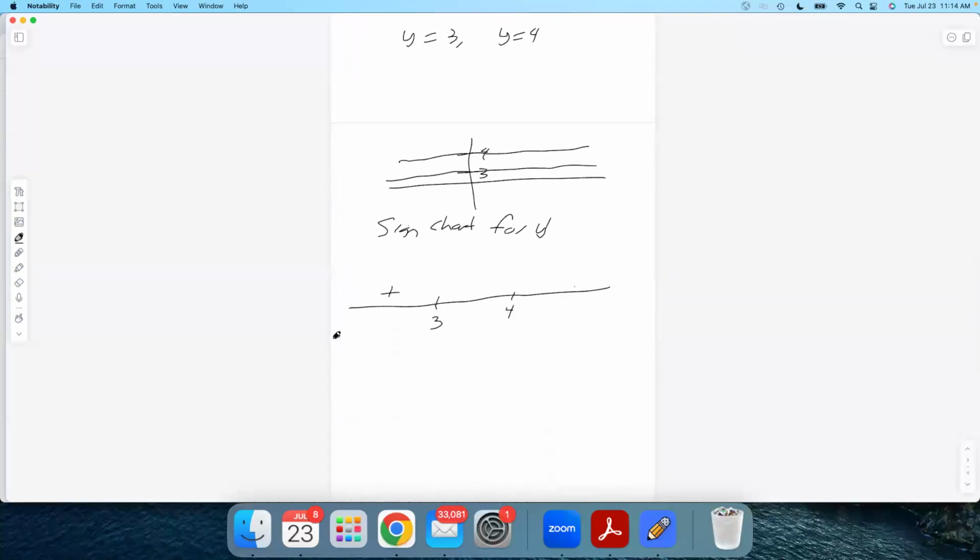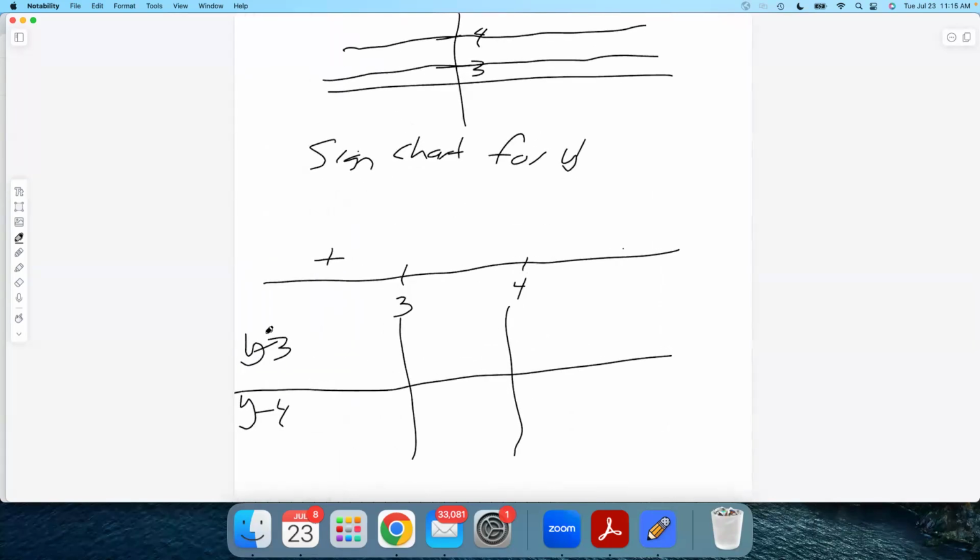I'm going to use the linear factors to do that. y minus 3, y minus 4. And I'm going to build this little grid here. I'm going to do these one at a time because this is what y prime is. It's these two guys multiplied together. You do one row at a time. He changes signs at 3. Anything below 3 minus 3, you get a negative.